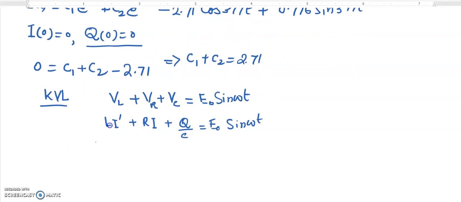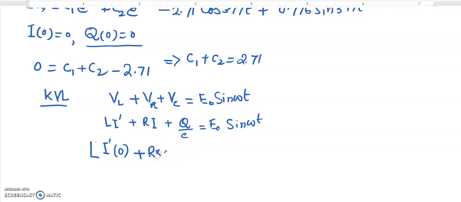So therefore this will be L times I prime of 0, which we don't know actually, plus R times I, the current at time 0, which was already given in the first condition, so that is 0.